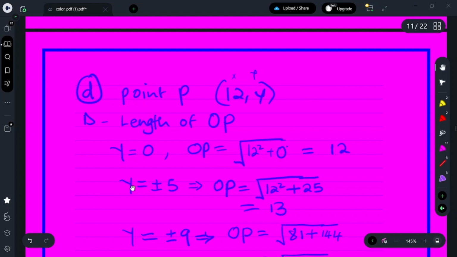What about y is plus or minus 5? What will be the distance? 5 squared is 25 and negative 5 squared is still 25. So this is just going to be the square root of 12 squared plus 25, which gives us the square root of 169, which is 13.